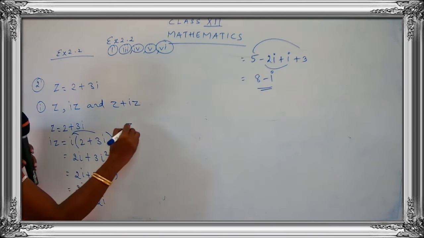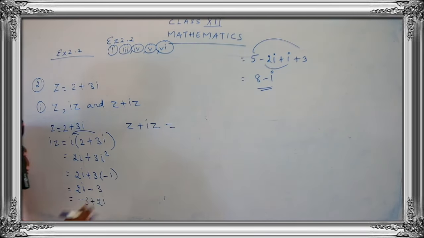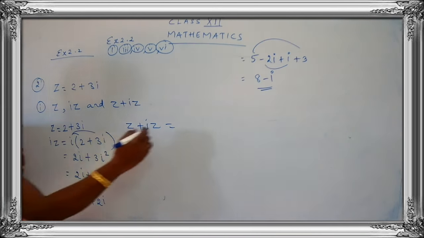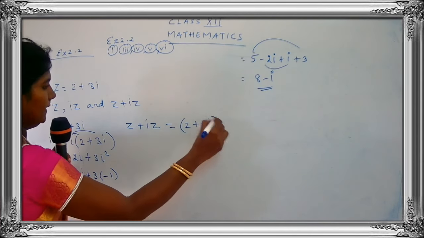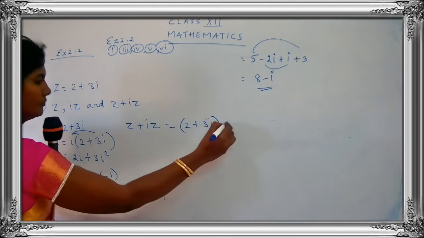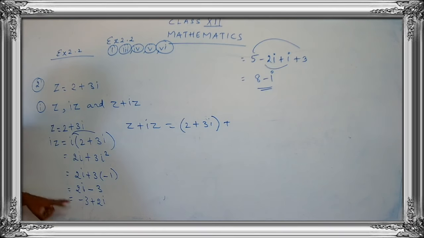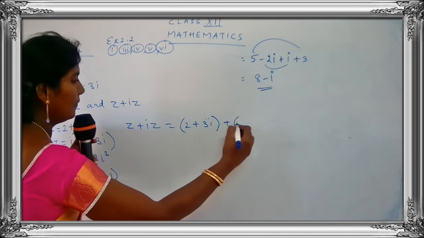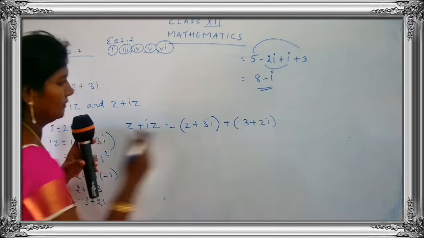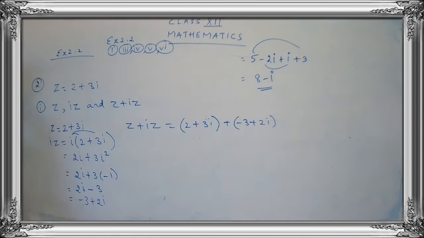See here? So z plus iz is equal to, what is z? 2 plus 3i plus, what is the value for iz? Minus 3 plus 2i. Clear? So I have just substituted the value for z and also the value for iz. 2 plus 3i plus minus 3 plus 2i.